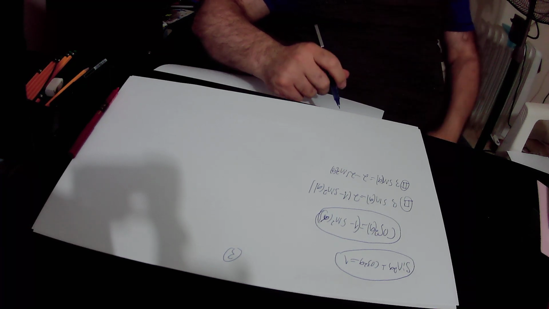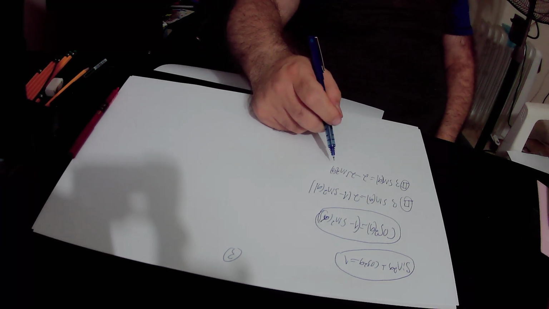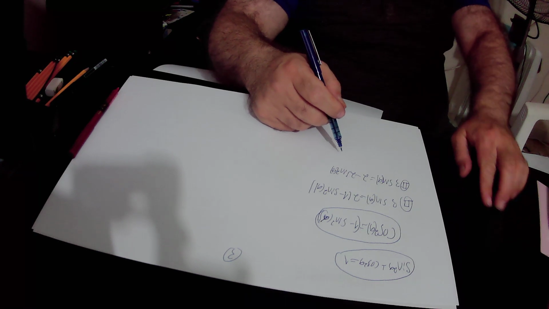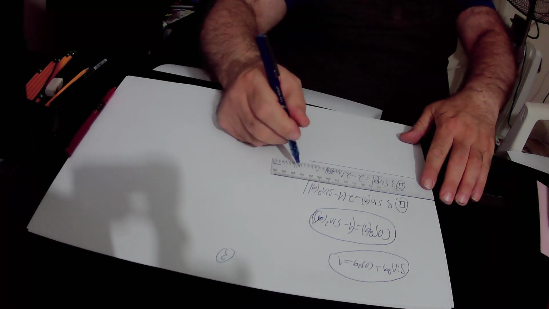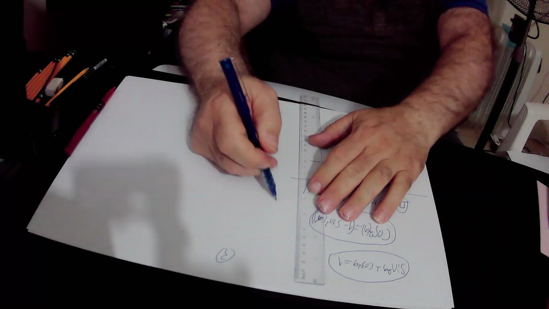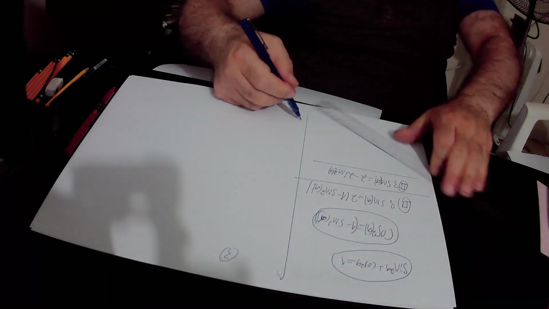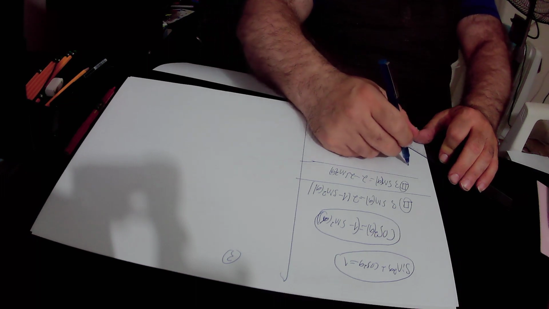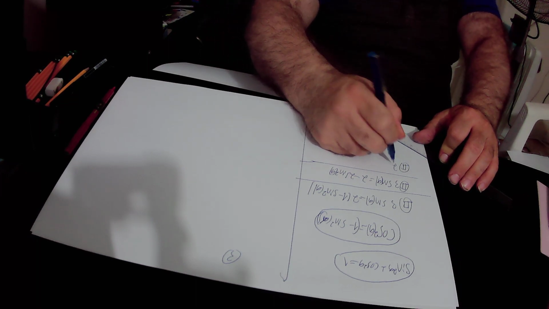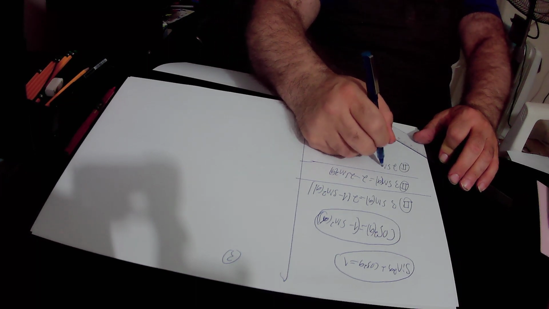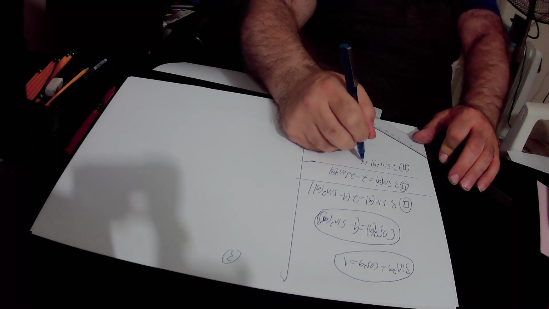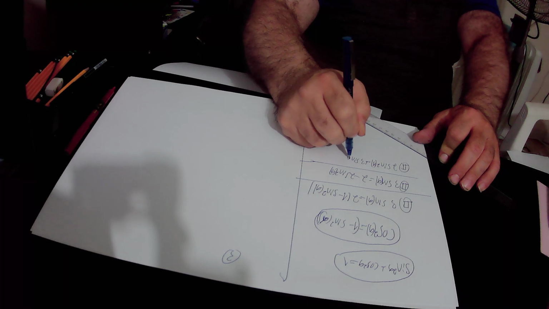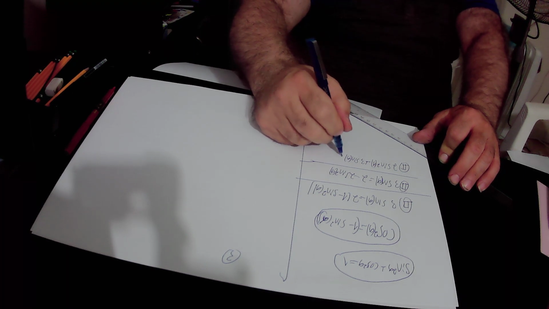We will add 2 sine square alpha to this equation, and we will get that according to equation number 2, 2 sine square alpha plus 3 sine alpha equals 2.